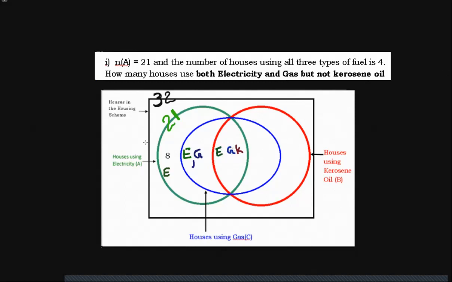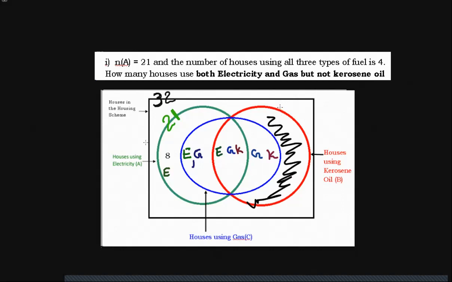Right. Next one. It's outside the green circle, so no electricity, but it's inside the blue circle, so gas, and it's inside the red circle, so kerosene. And now this region.